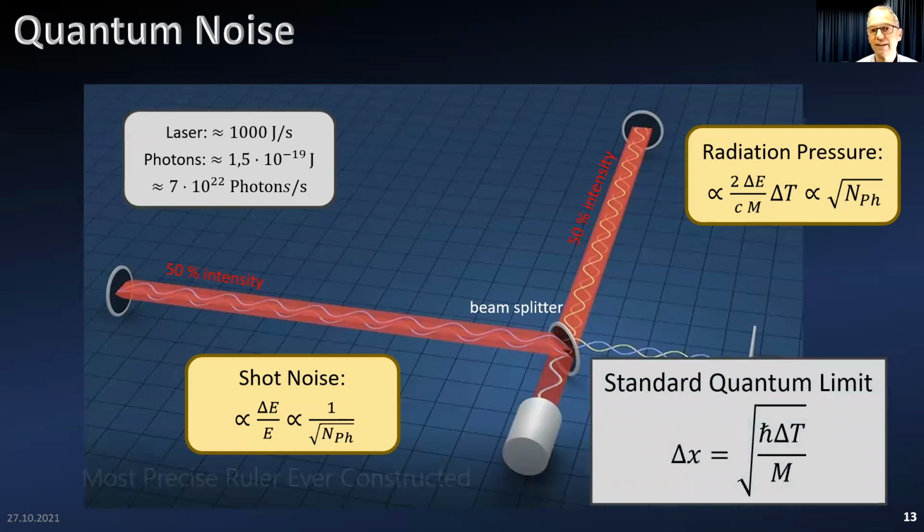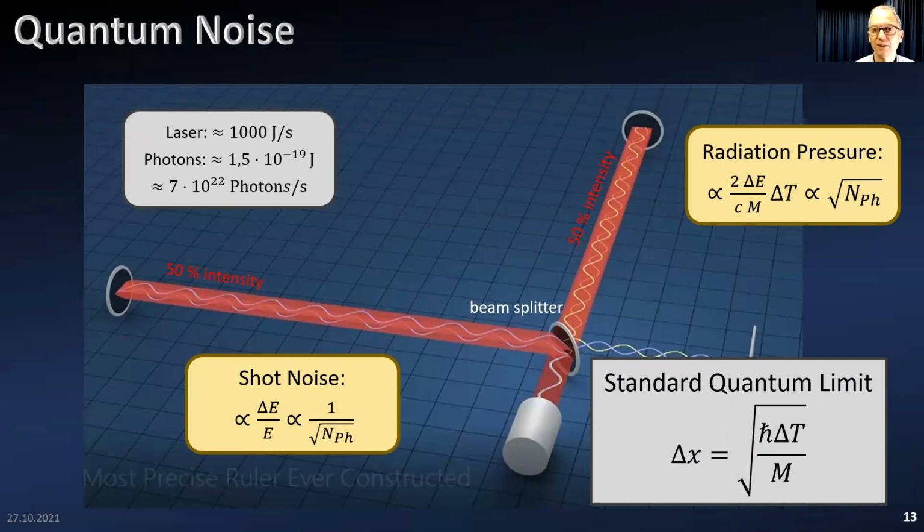And you can calculate that, and the change in length that is created by these two quantum effects is given by this formula here. There is a square root, there is an h bar indicating that it's quantum physics. In the denominator, delta t is the measurement interval. So if you're, for example, sampling with 10 kilohertz, then this would be 1/10 of a millisecond, the delta t.